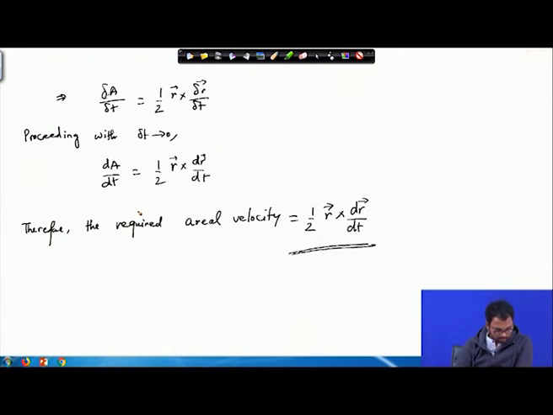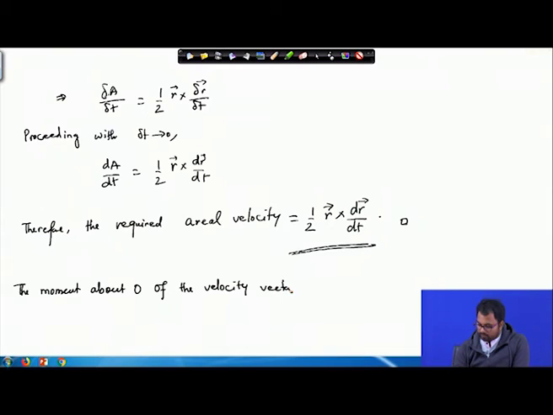And similarly, we can calculate. Here in my lecture note I have also calculated the moment basically. So, how do we calculate the moment? So, this proof is complete up to here. Let me also give you the moment. You may have studied these things in your physics course. So, the moment about O of the velocity vector, say v.